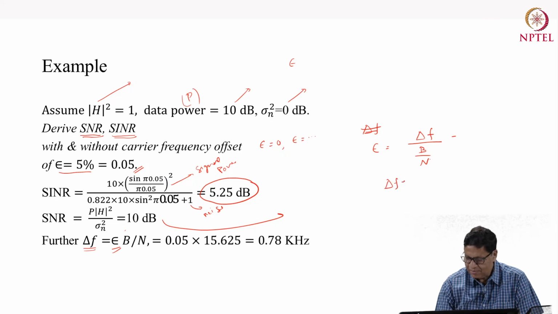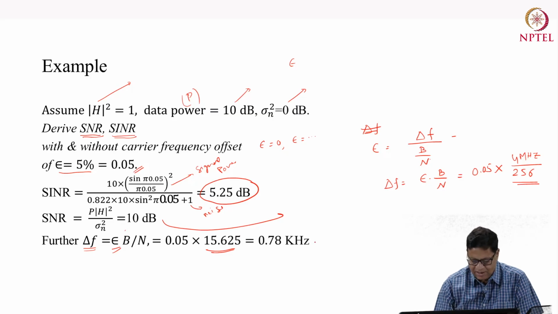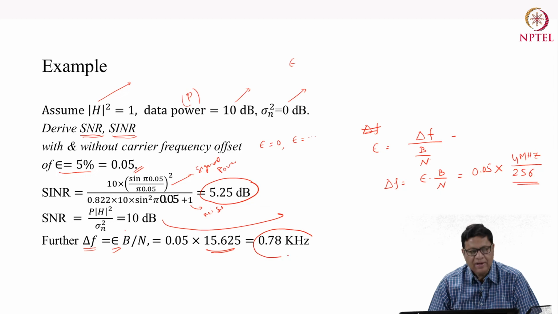Delta F will be epsilon times B by N, and this is 0.05 into B, let us assume it as 4 megahertz, and number of subcarriers, say I take for example 256. So this will give me 15.625, and multiplying by this gives me a delta F of 0.78 kilohertz. So that's the frequency offset.